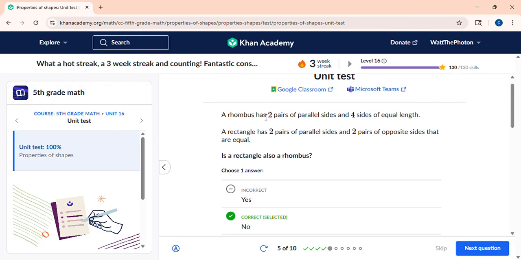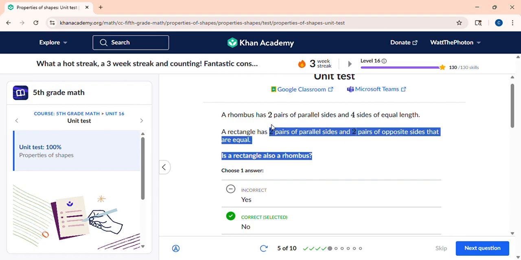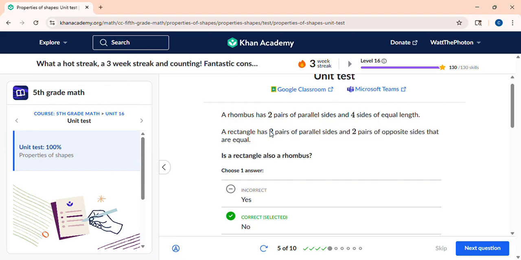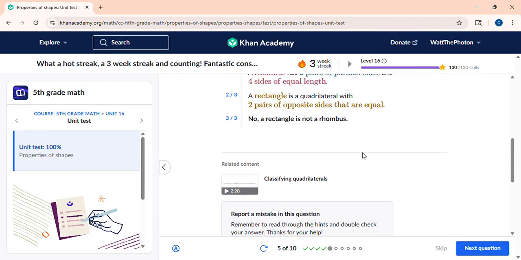A rhombus has two pairs of parallel sides and four sides of equal length. A rectangle has two pairs of parallel sides and two pairs of opposite sides that are equal.